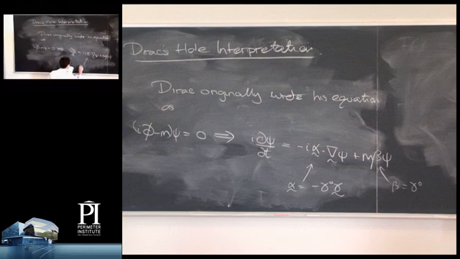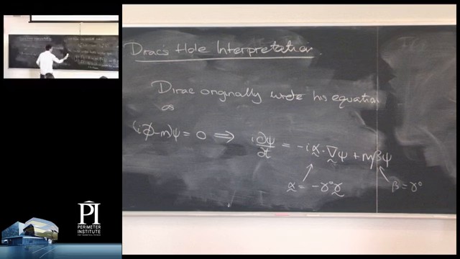These alpha matrices are just gamma 0 times our gamma matrices, and this beta matrix is just gamma 0. Okay, so it's clear that we get this from that.